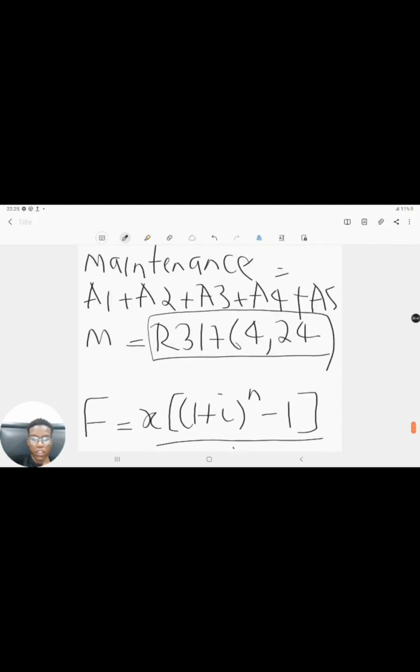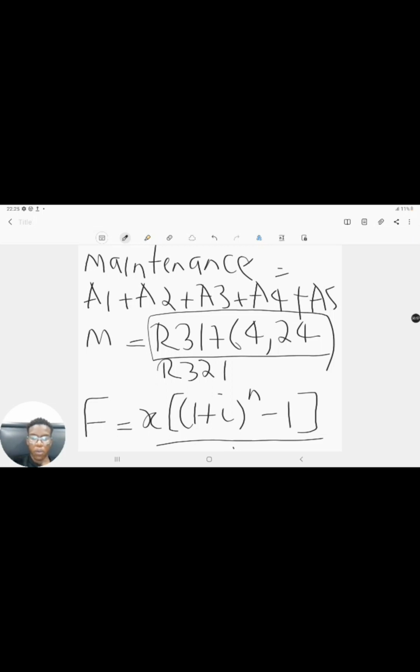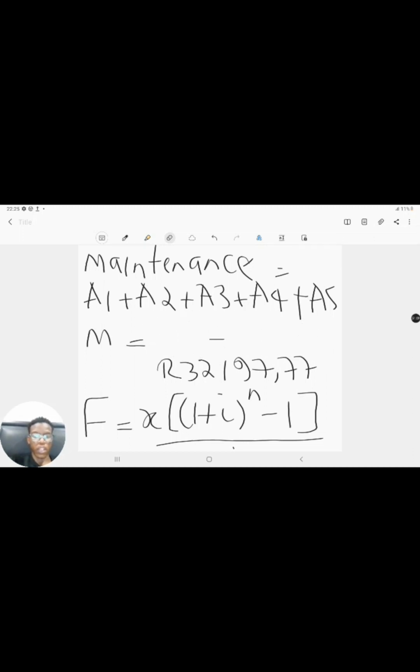See, it's close, but it's not correct. 32,000. It's actually compounded monthly, so you get more interest per month. That's why the value that I'm getting right now is more. 197.77. This one is only compounded on a yearly basis. That's why the interest that you get is less than the answer that I got now.